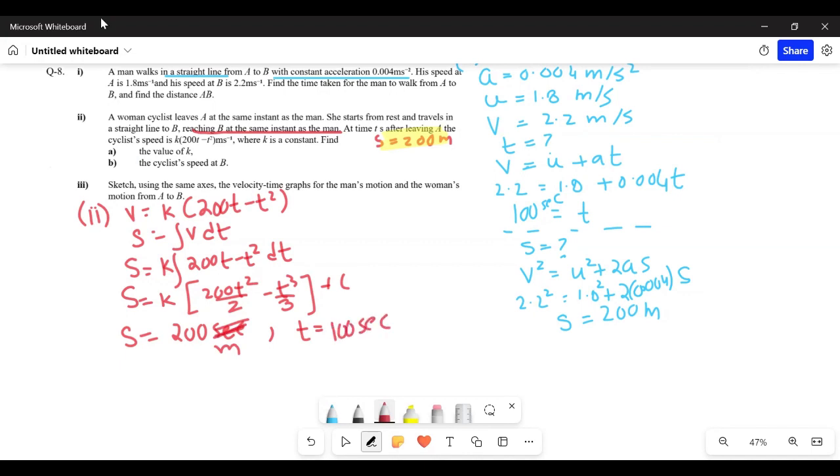This should give us one equation. Now let's see what comes from this: 200 equals k times (200 into 100 square upon 2 minus 100 cube upon 3) plus c.